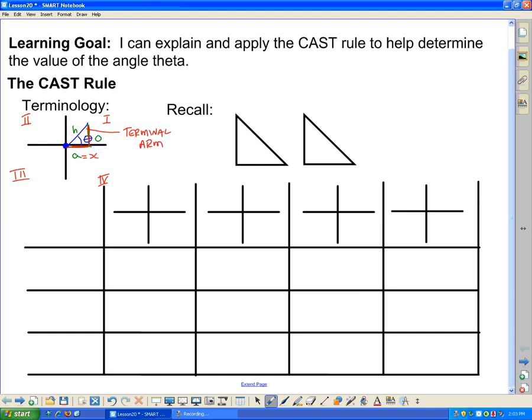The opposite length is actually the value of y. That means our terminal arm is always a positive length.